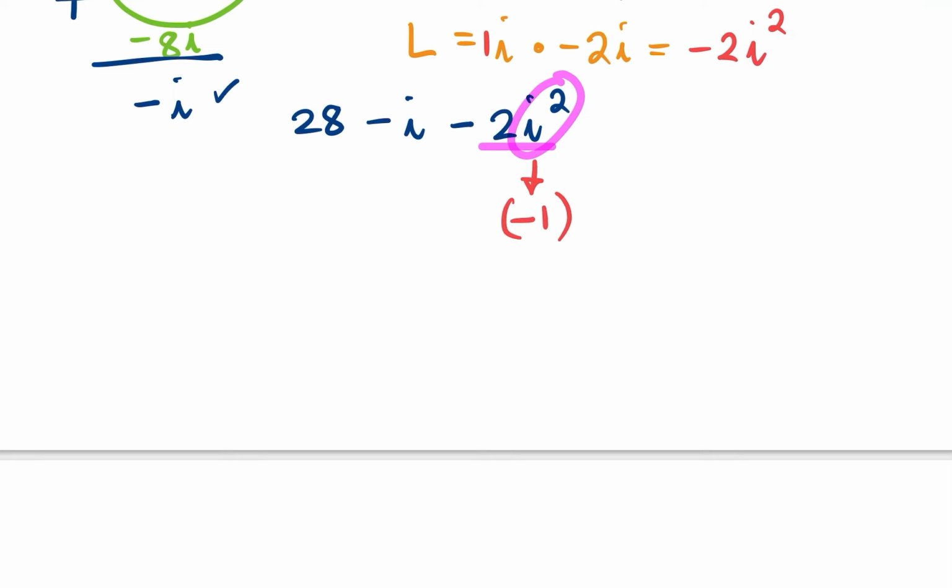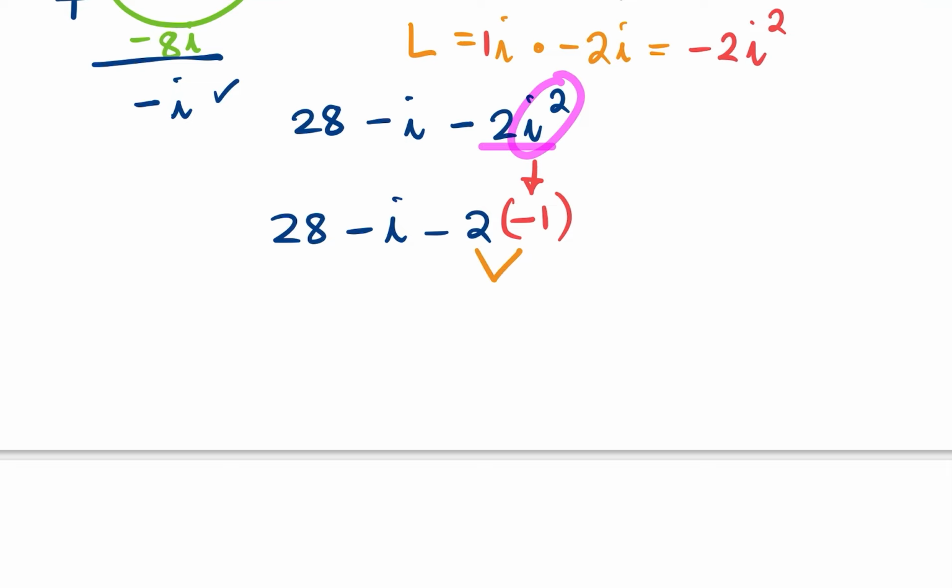Now everything in this expression, we're going to bring it down. We drop 28, we drop -i, we are going to drop -2. And then PEMDAS, remember PEMDAS, parentheses, exponent, and then you know those steps, hopefully, right? So I see a multiplication sign right here. I am going to do this first.